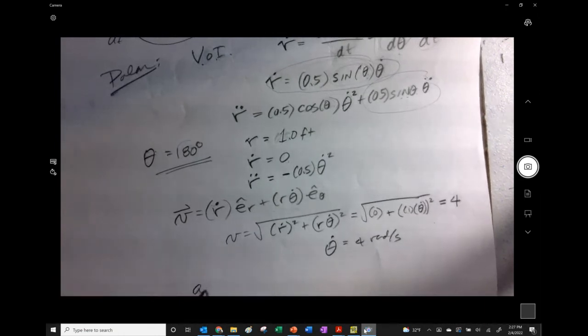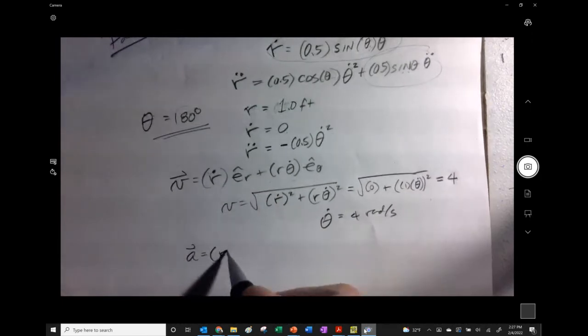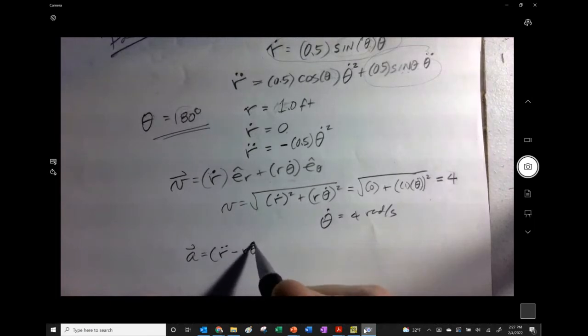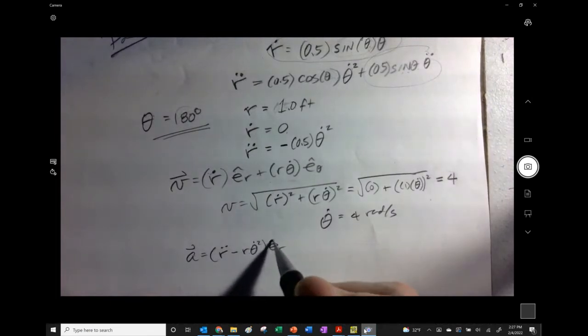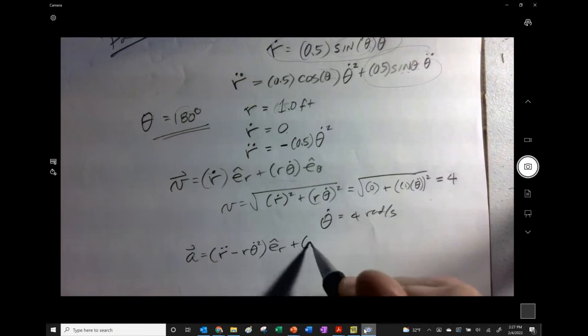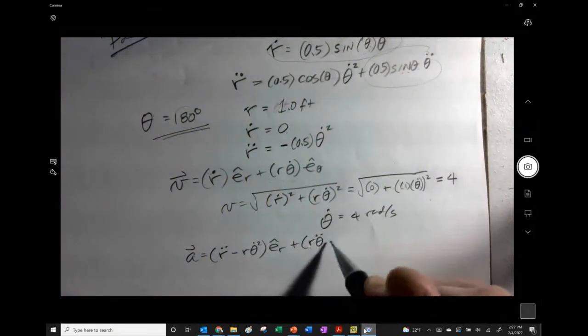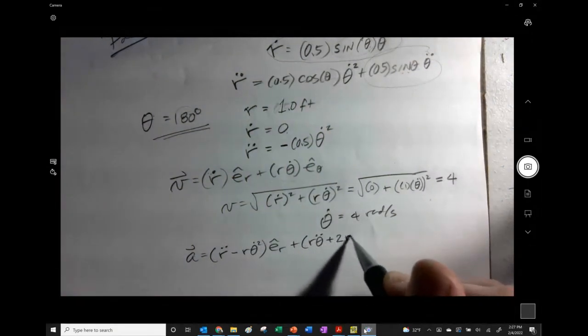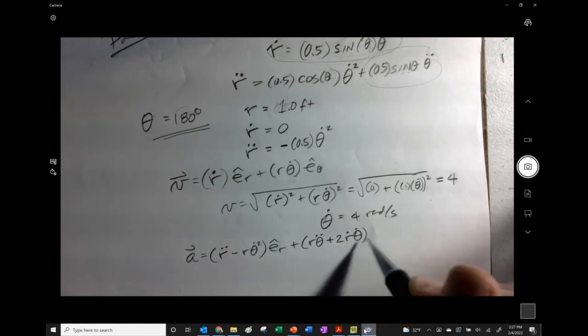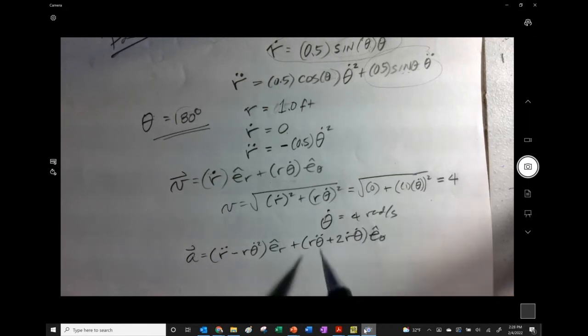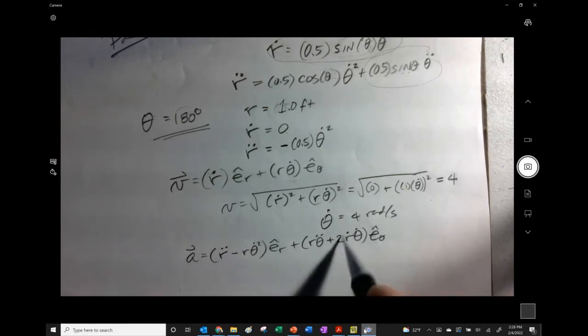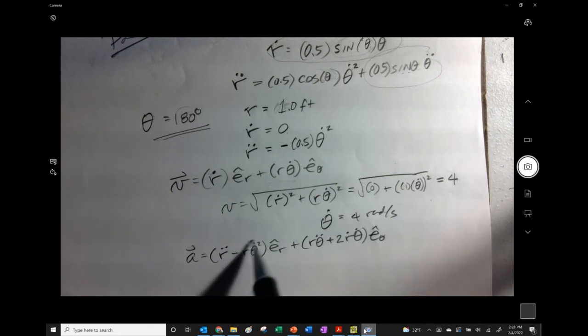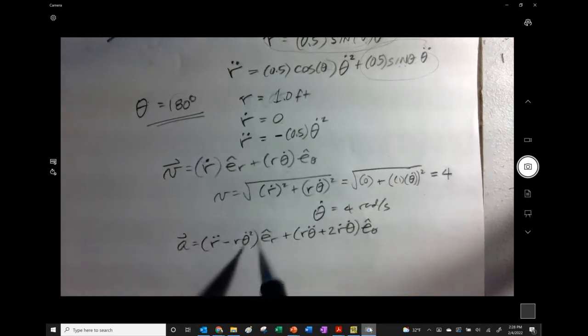And then for the acceleration, let me write out the full acceleration equation. r double dot minus r theta dot squared e_r plus r theta double dot plus 2 r dot theta dot e_theta, which you'll remember is the Coriolis kind of thing, and this is similar, and often in circular motion this would be centrifugal right here.